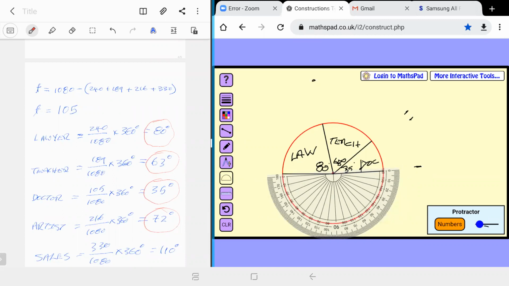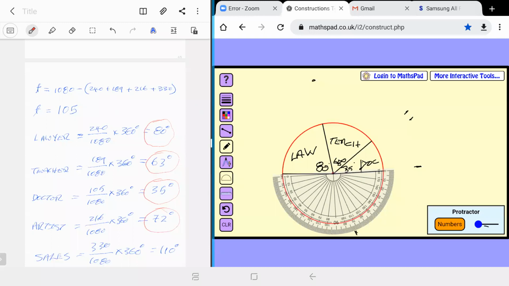Reading the 0 scale again, I want 72. So 70, every small line is 1, 71, 72 is right here. Right there, 72.